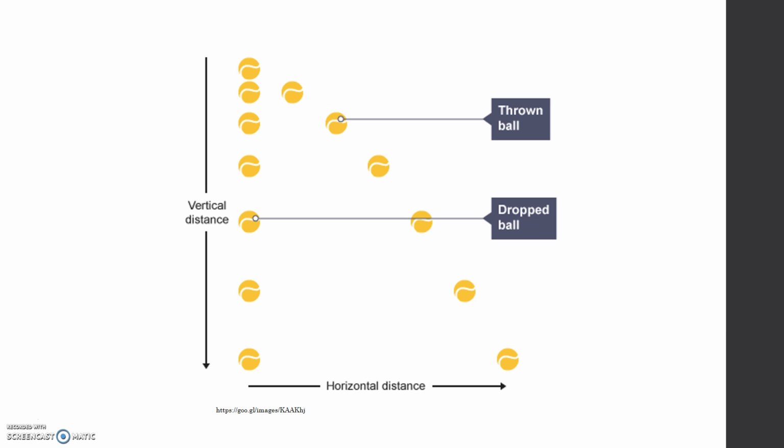The horizontal velocity does not change due to gravity, and gravity does not affect the ball any differently due to the horizontal motion of the ball.